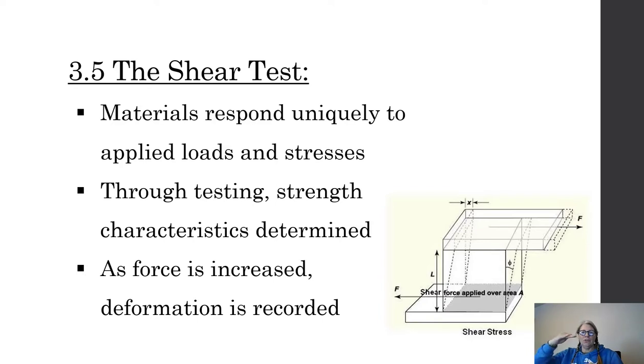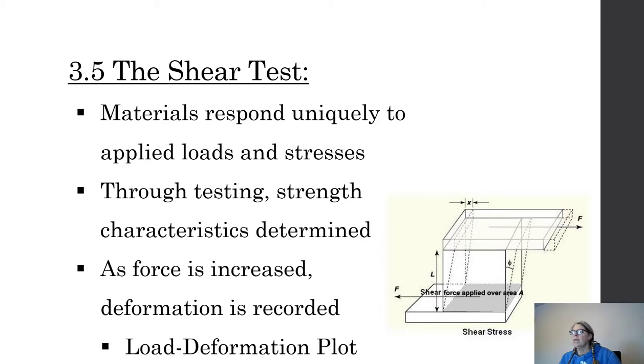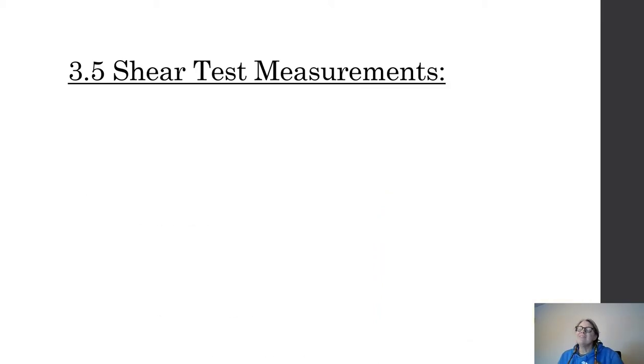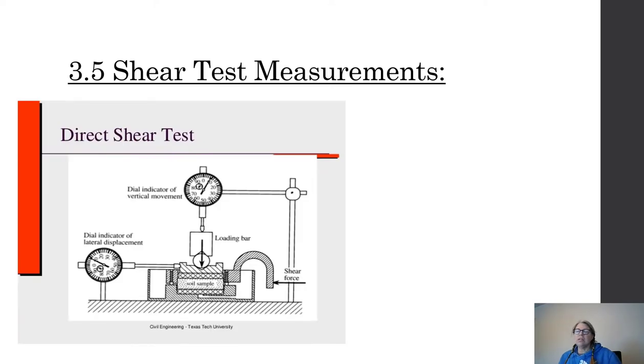As we increase that shear force, we're going to see an increase in deformation, okay? And we can plot it just like we did with normal force. We're going to have our stress up and down, and our strain, remember it's in radians, is going to be on the x-axis.